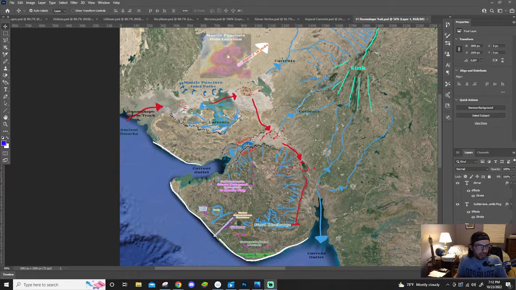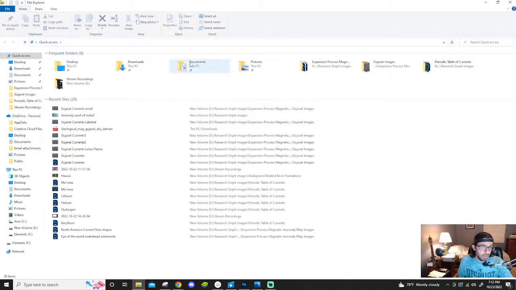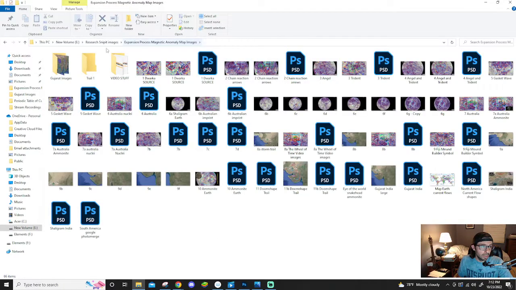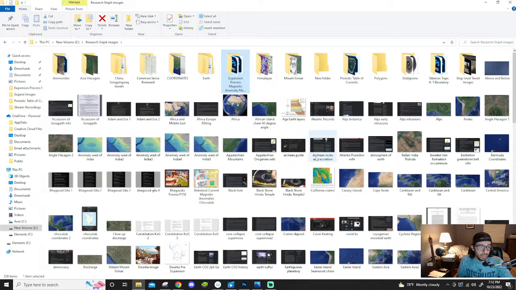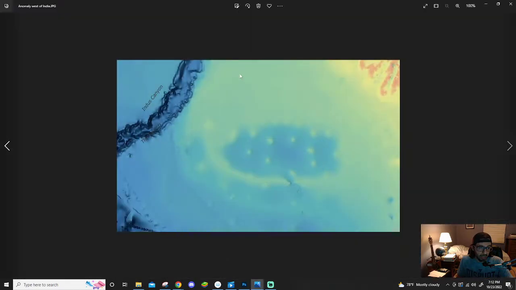With that in mind, last time I talked about this, the doom shaped storm tracks. So, ancient Dwarka. Let's go here. Okay.